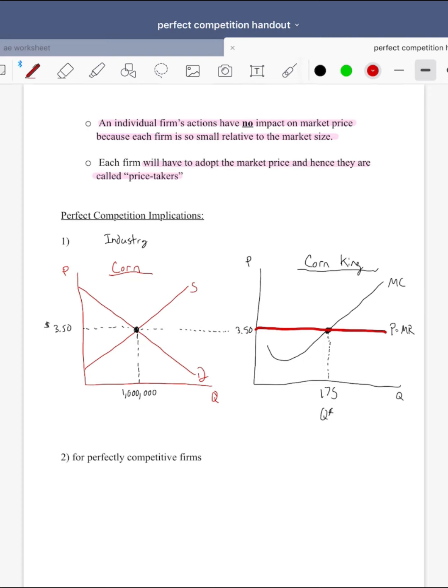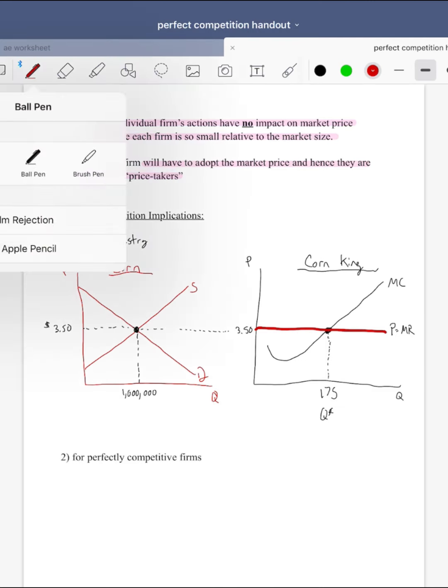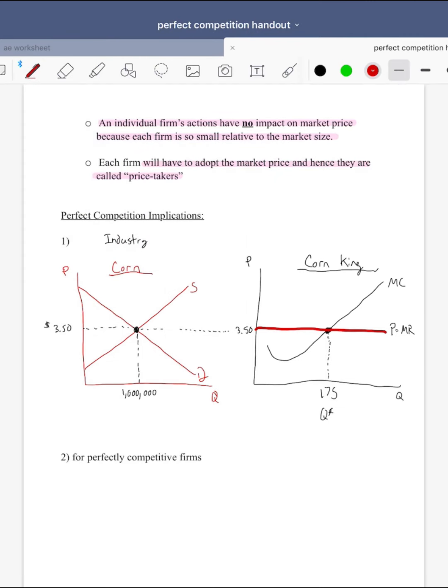Now I'm going to be able to find my profit maximizing output where my price crosses this marginal cost curve, which is right here. And let's say that that's 175 units. So this is going to represent my Q star, or my profit maximizing output level.